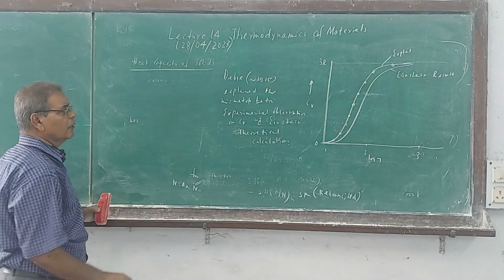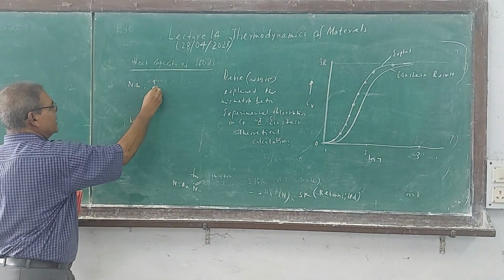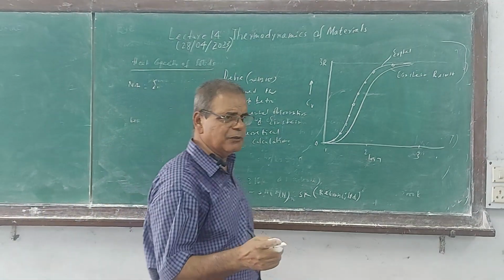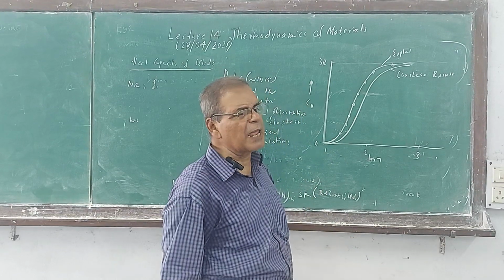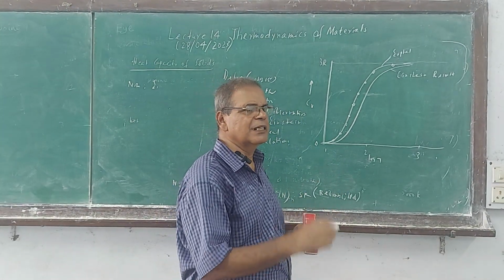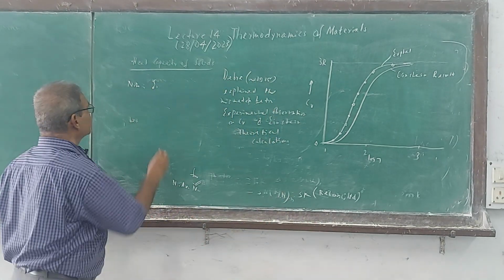Debye did what? Oh, one thing I forgot to tell, note. Einstein considered all atoms have a single frequency, nu, the same frequency. All atoms in a crystal vibrate with the same single frequency nu. But Debye said so.